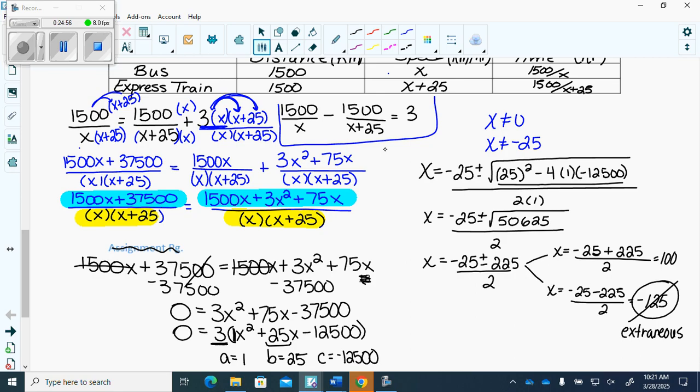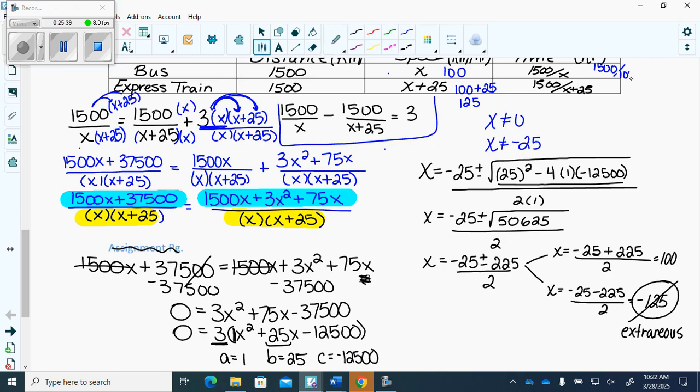And then we're going to put the 100 in. And we're going to get 100 here, and then here we're going to get 100 plus 25, which is 125. And then this one we do 1,500 divided by 100, which is 15.